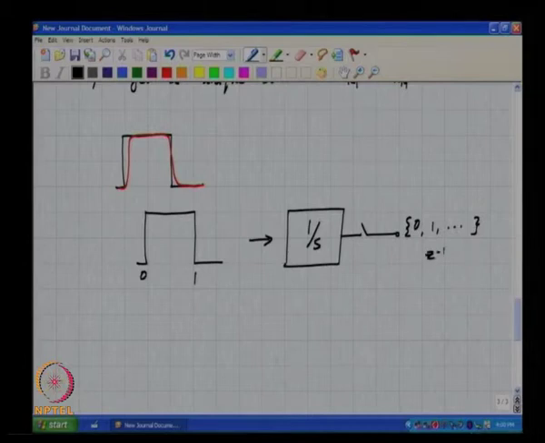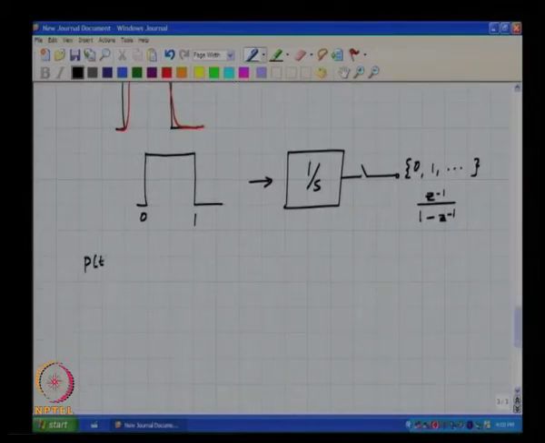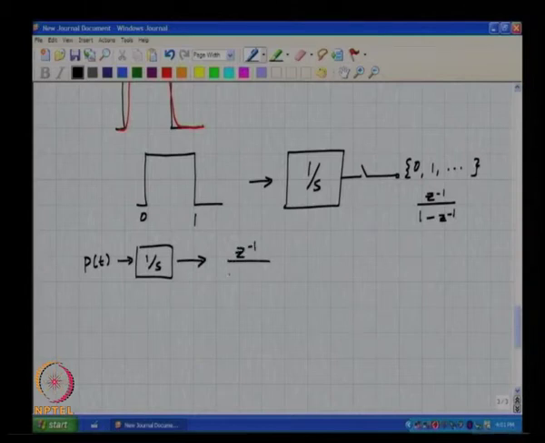Z inverse by 1 minus Z inverse. Okay. So, I make an entry which says P of t driving 1 over s in the discrete time domain after sampling corresponds to Z inverse by 1 minus Z inverse.